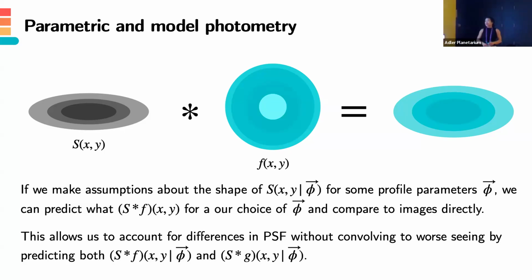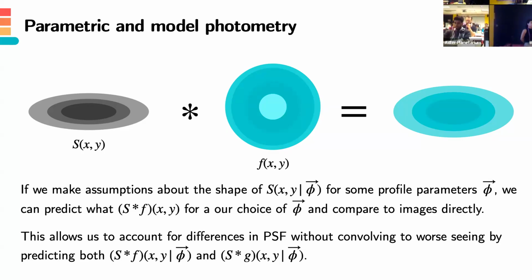So, like I said, this allows us to account for differences in the PSF without convolving to the worst seeing by predicting, let's say, the convolution between S and F, our better PSF, given some parameters phi, and S of G of X and Y, given those same parameters phi. So now we're not convolving to the worst seeing, we're taking a base model and asking what that model should see, given the imaging quality in each band, and comparing that to the actual image that we see.